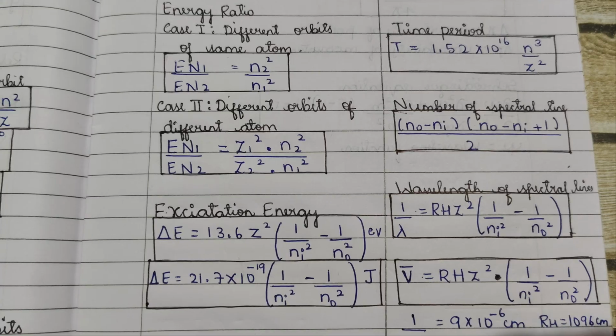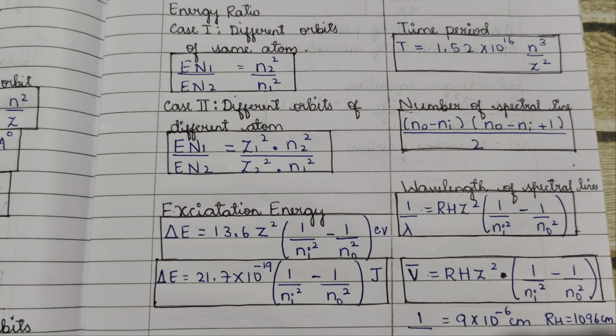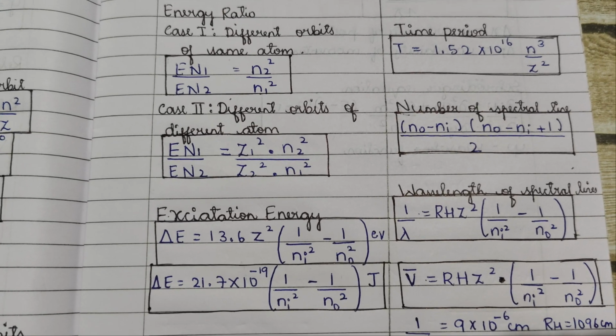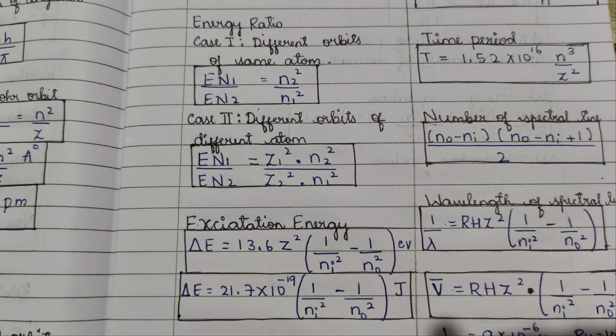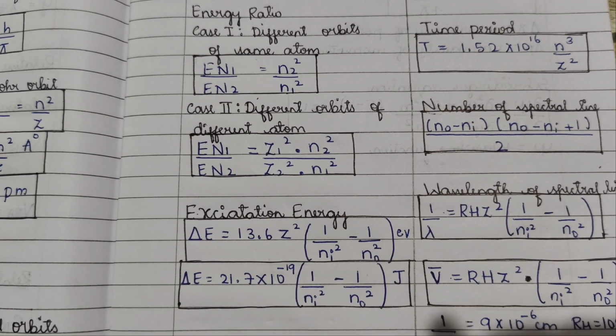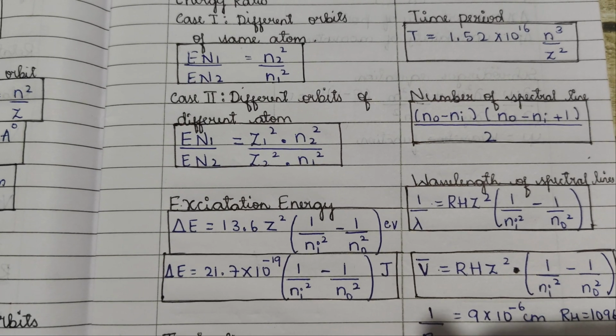Number of spectral lines N is equal to n2 minus n1 into n2 minus n1 plus 1, whole divided by 2, where n2 is the outer orbit and n1 is the inner orbit.